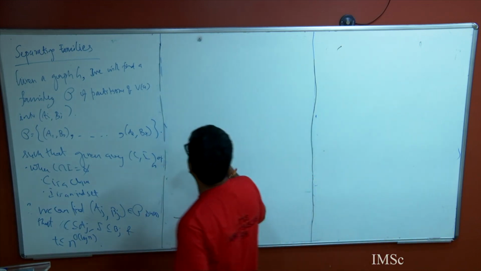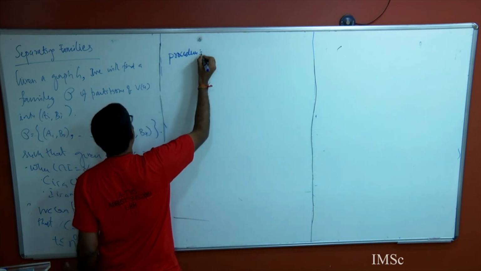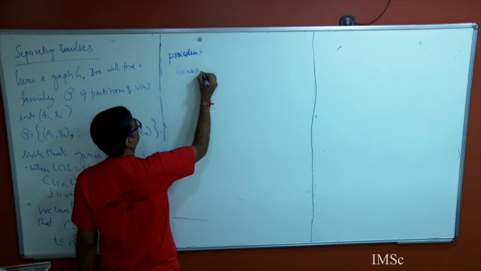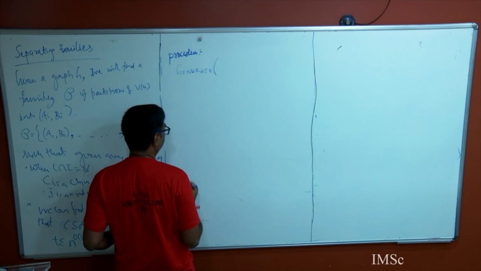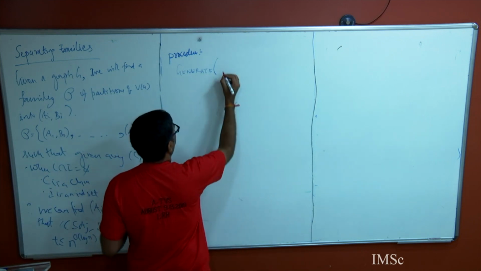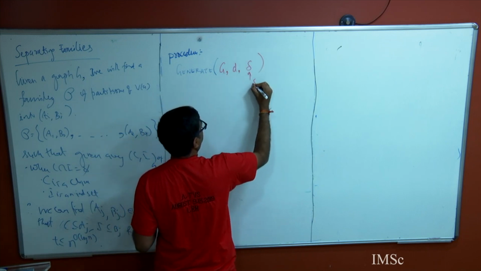So there will be a procedure, I'll write it down, which will generate this partition. So generate will take three things actually: a graph G, a number D, and a state delta.